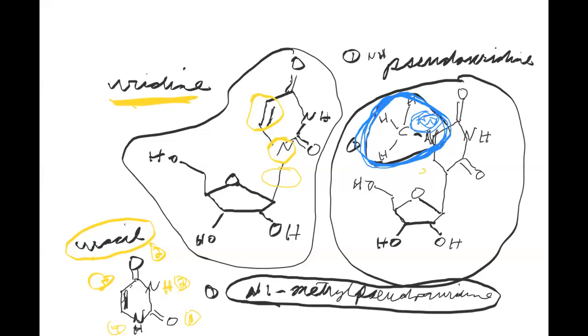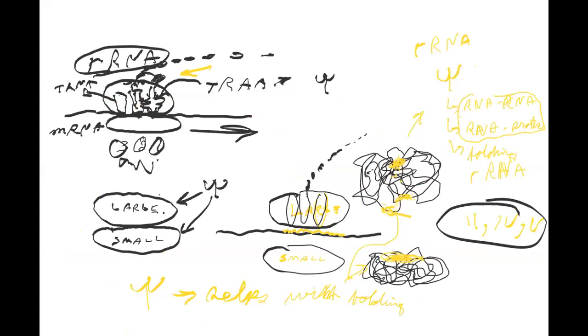Okay, now, then I went into the ribosomal RNA and how the endogenous pseudouridine helps with the RNA-RNA interaction and the RNA protein interaction, and how it helps with the folding. A key piece here is how the small ribosomal RNA and the large ribosomal RNA are helped structurally for folding with the pseudouridine.